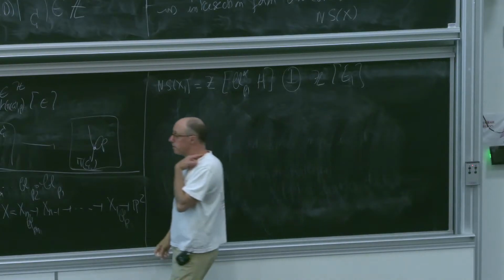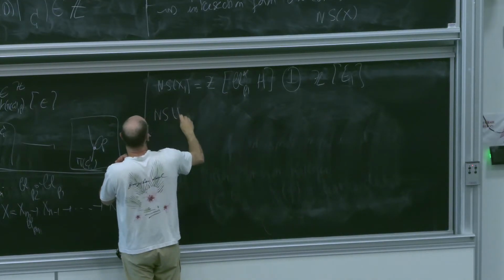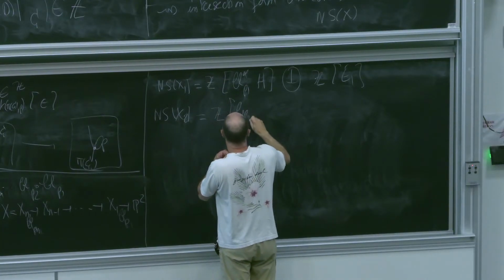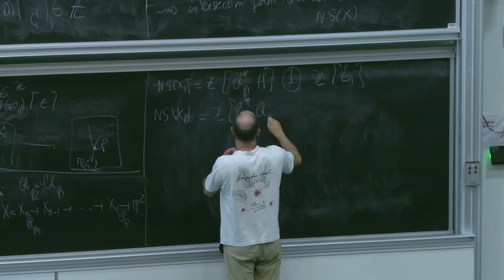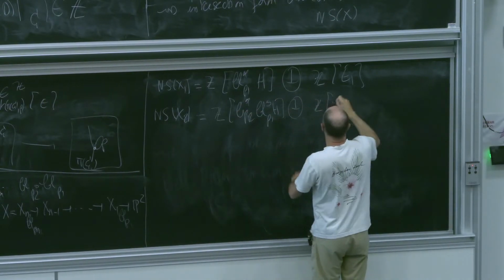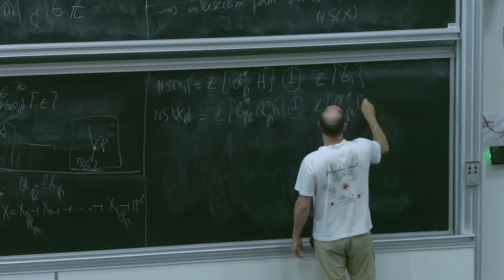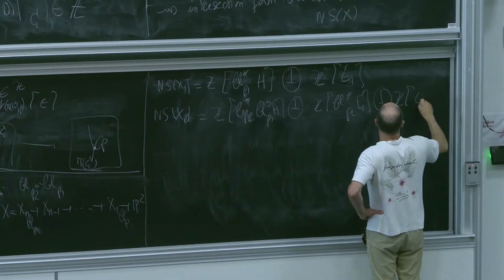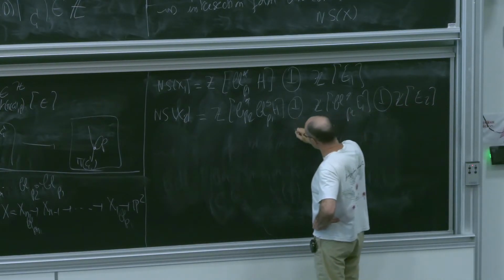E1 is the exceptional divisor. And then you continue, NS of X2. I'm not going to do that for long, but this is the pullback by P2 of the pullback by P1 of H, direct sum Z pullback by P2 of E1, direct sum Z E2. And so on and so forth.